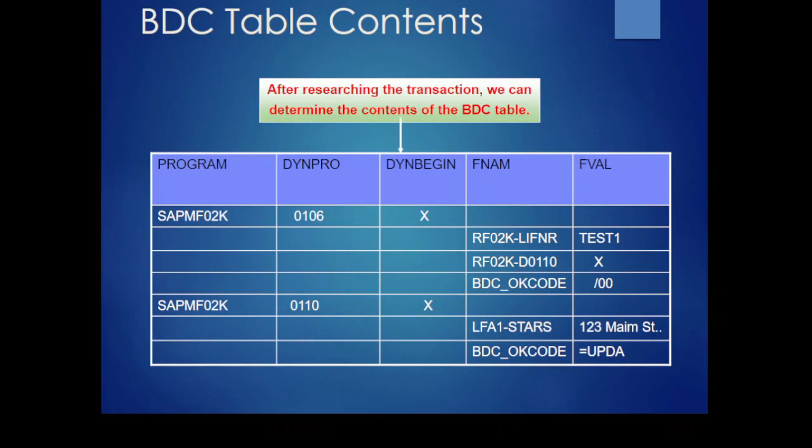The program name is the same for both screens, and the first screen number, the dynpro number, is 0106 and the second screen number is 0110. In the field name column, we find three fields for screen 1 and two fields for screen 0110.